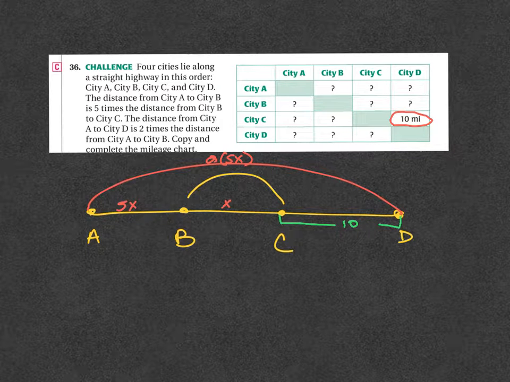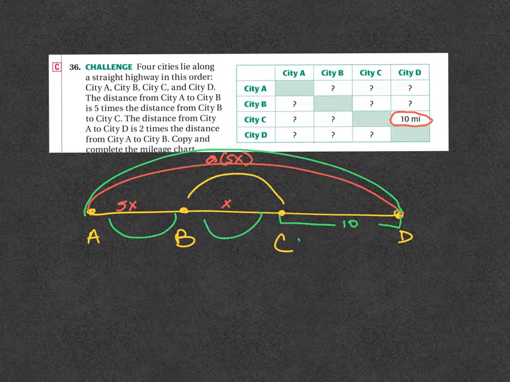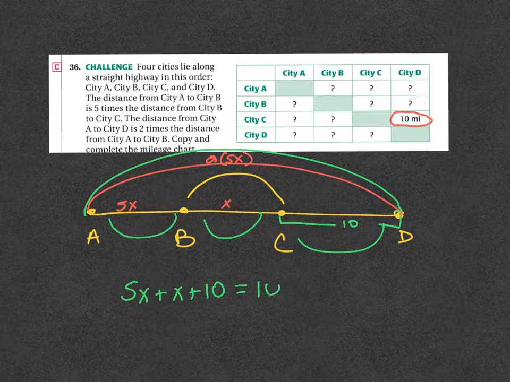Okay. Then I have a length for the whole, and I have a length for all these 3 parts. What can I do with those 3 parts? Add them and set them equal to the whole. You're actually doing the segment addition postulate with a bunch of data, okay? So 5x plus x plus 10 equals 10x. Now does it make sense? Yeah.